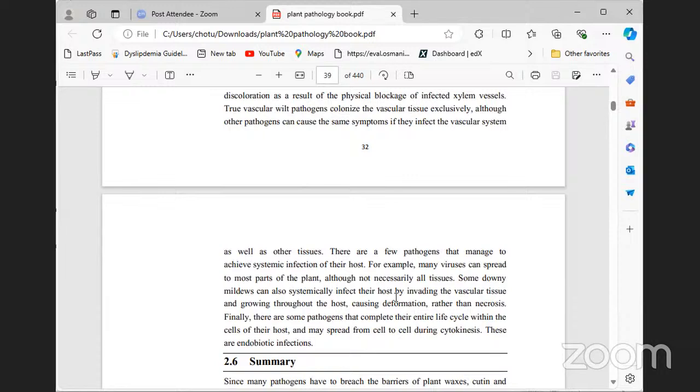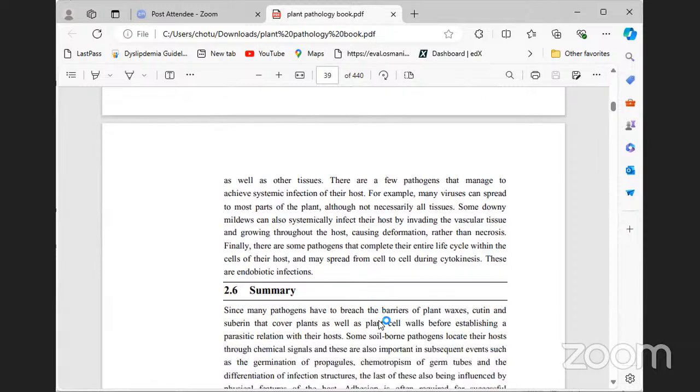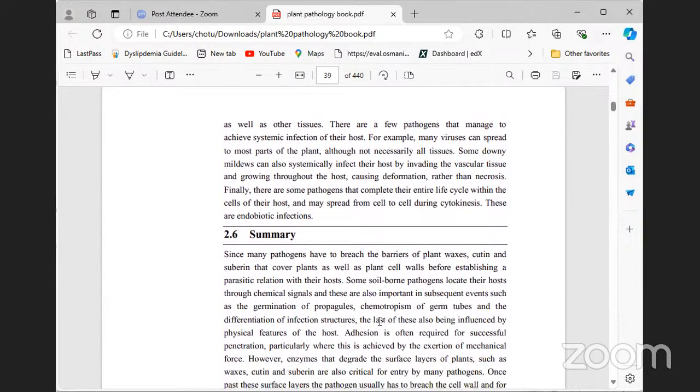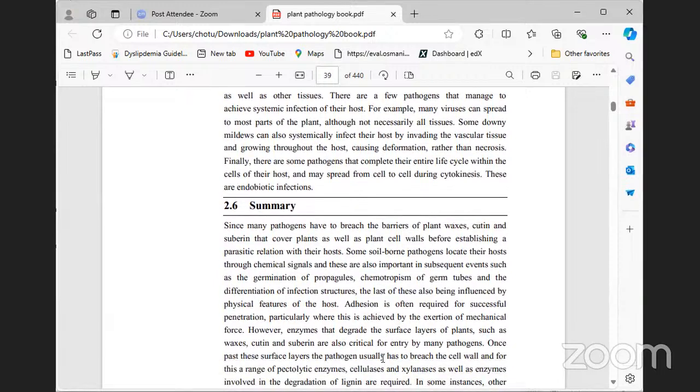Some downy mildews can also systemically infect their host by invading the vascular tissue and growing throughout the host, causing deformation rather than necrosis. Finally, there are some pathogens that complete their entire life cycle within the cells. They may be spread to daughter cells during cytokinesis. These are endobiotic infections.